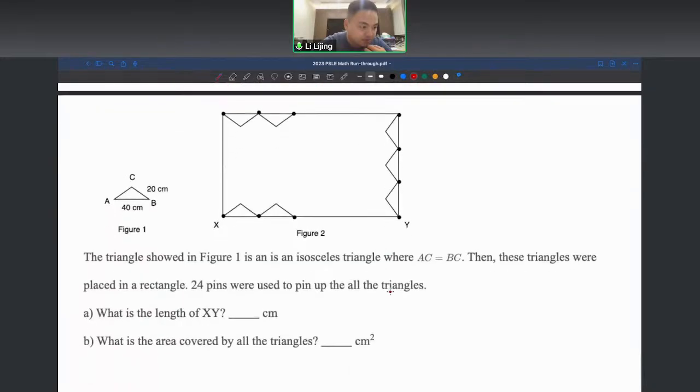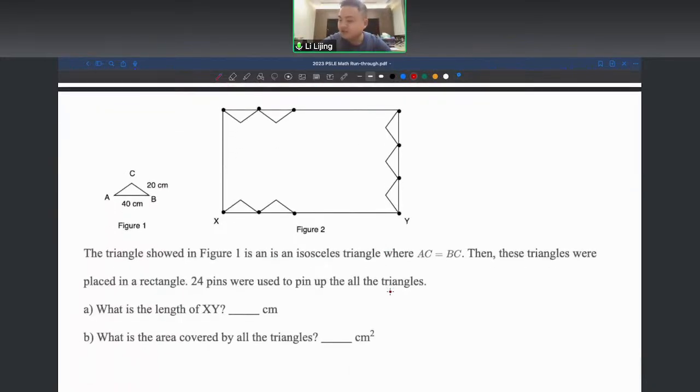Okay, let's look at this one. It's your paper 2, second last question, question 16. Who finds this question hard? I see a lot of people say hard.